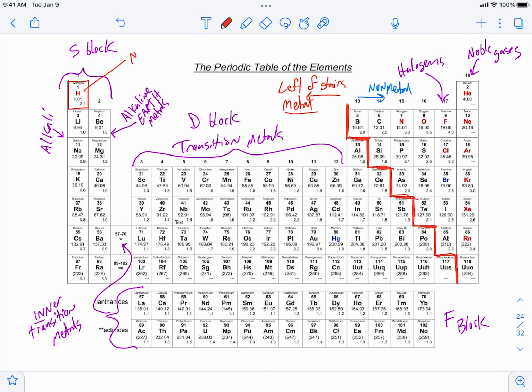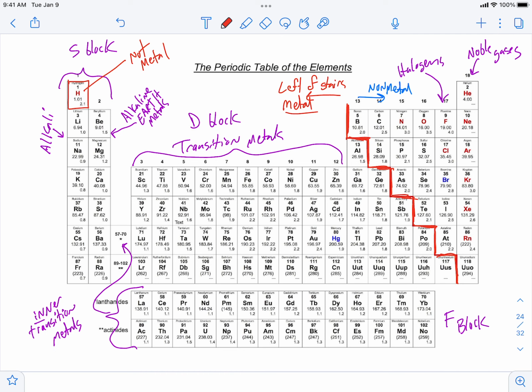Hydrogen is not a metal. Hydrogen is placed there because it has the same number of electrons in its configuration as lithium, sodium, but it's not really a metal.